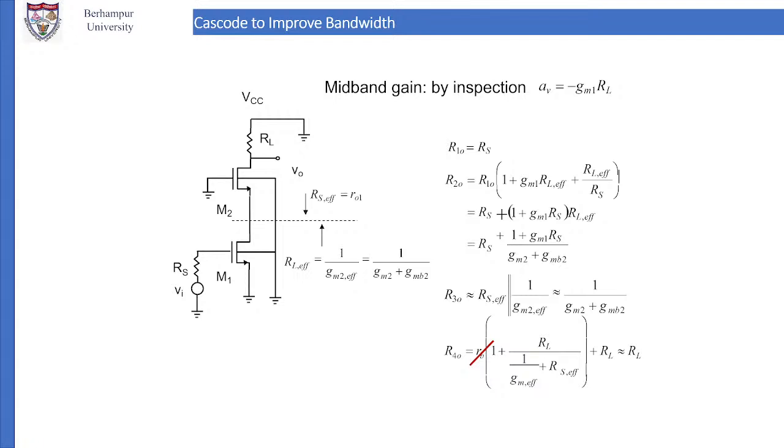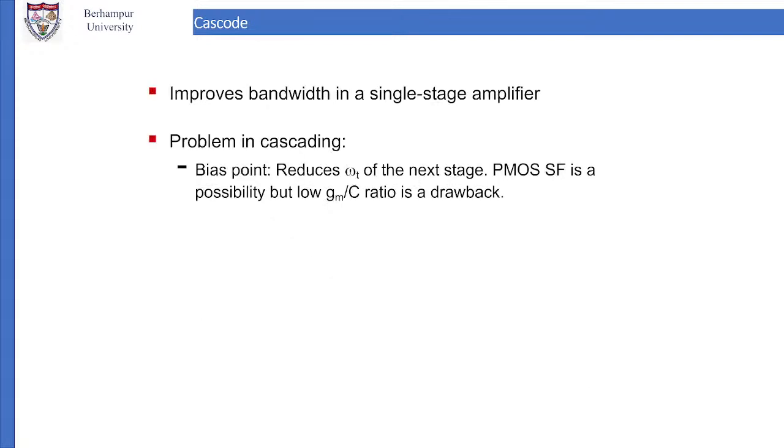Then R30 is RS effective in parallel with 1 by (gm2 plus gmb2). R40 is approximately equal to RL. Now these are simple calculations which we can do for cascode amplifiers.